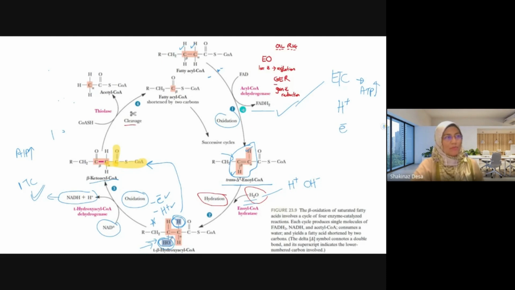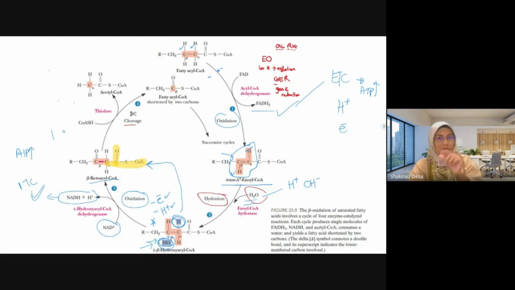So apa berlaku lepas tu? Fatty acid CoA lost electron, lost hydrogen. What happened to it? Dia akan jadi struktur baru, which is known as trans-enoyl CoA. Anything happens there, tak ada apa-apa. Cuma after trans-enoyl CoA, we will have another step known as hydration.